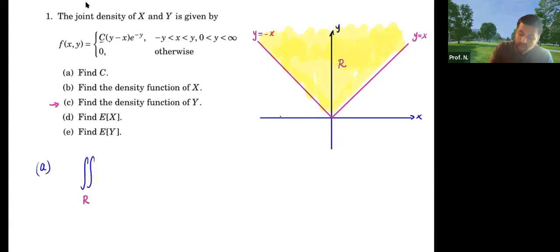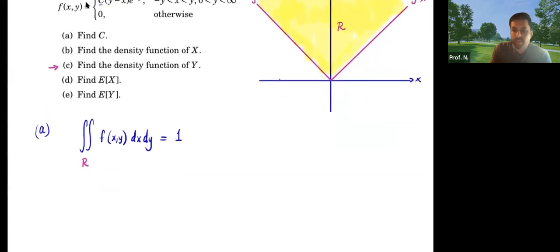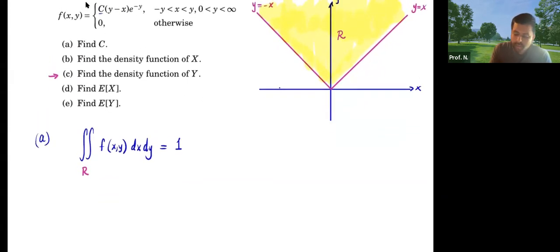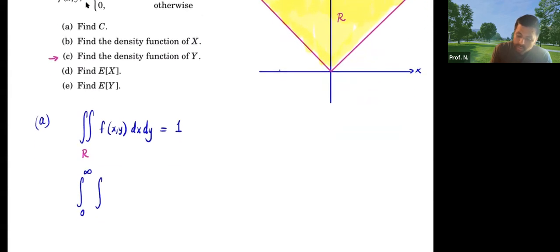We integrate across this entire region of the joint density, and this has to equal 1 because this is a joint probability density function. By definition, the integral over the entire region should equal 1. And the y's go from 0 to infinity. The x's, however, go between negative y and y.